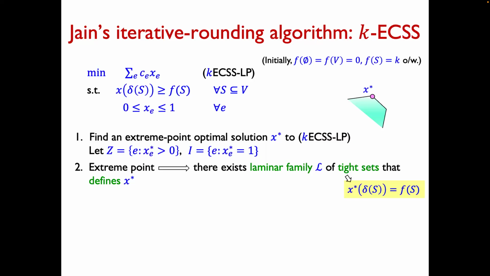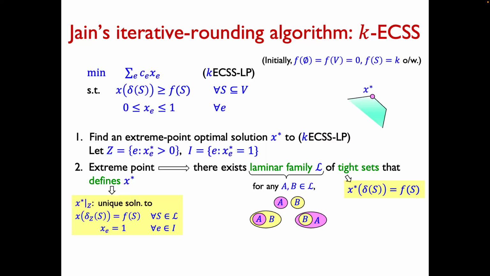So a bunch of things here. Tight set means that the constraint is tight for the set. Laminar family means that it's structured in the following way: any two sets are either disjoint or one is contained in the other. By "defines this extreme point," I mean that if I look at the support of this extreme point solution, it's completely defined by setting the constraints of the sets in the laminar family to be tight.